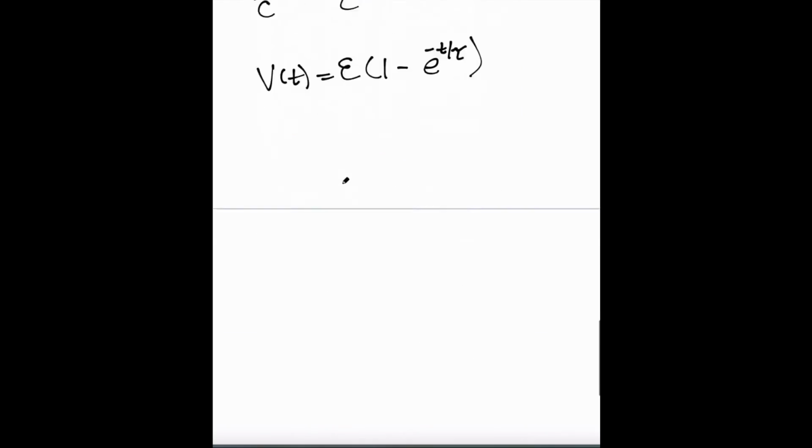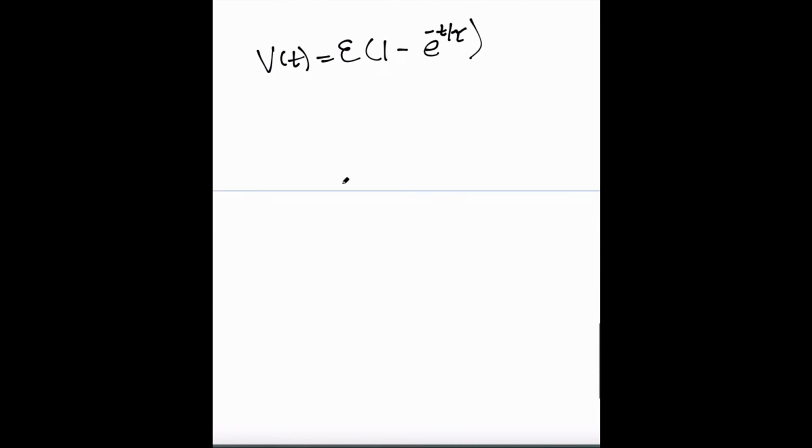So if we come all the way down here, and you probably saw that I is dq dt. So if we go back to our expression for charge, which is what we had a minute ago, that was Q max times 1 minus e to the negative t over tau.